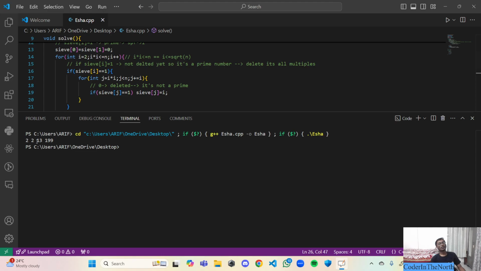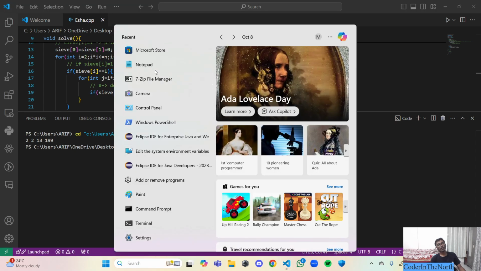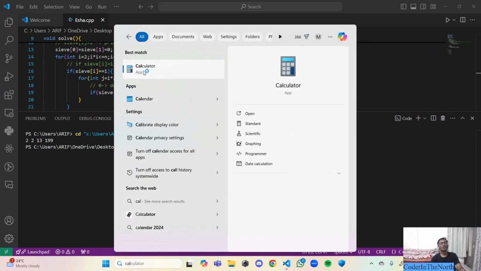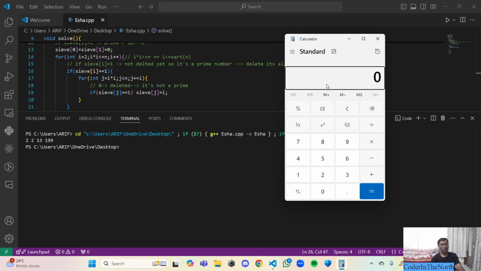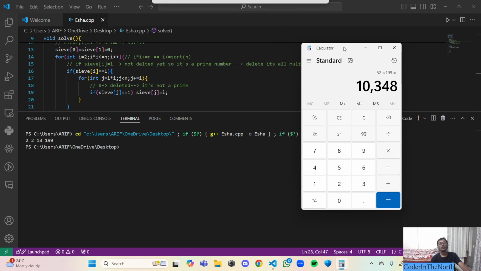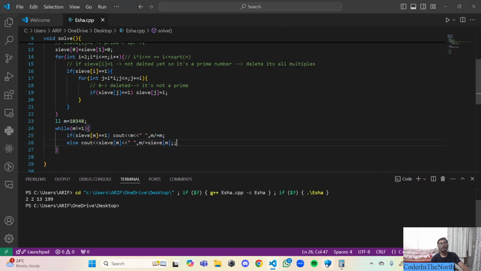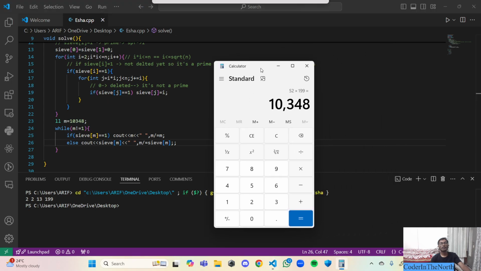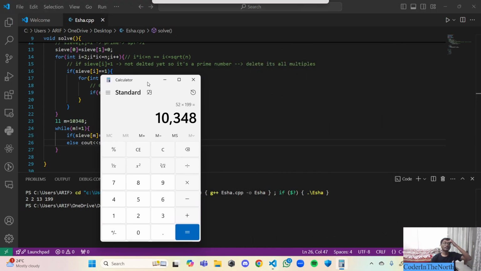See, 2 into 2 into 13 into 199 should be that number. So 2 into 2 into 13 into 199 is 10,348. See, this is the same number.